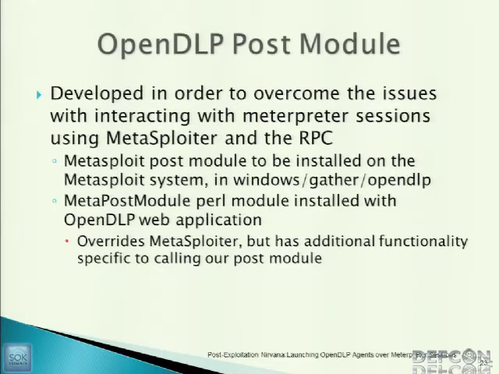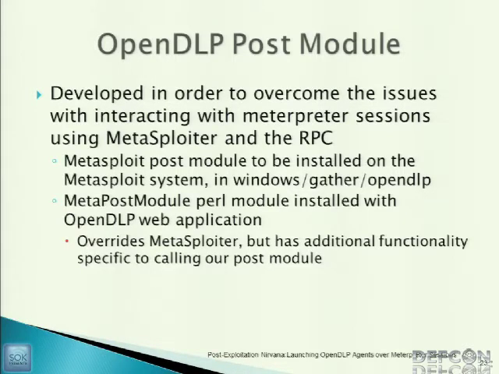I created this module, called it OpenDLP.rb, written in Ruby. And it's installed in the Windows Gather directory. I also created a Perl module, which interfaces with this Ruby module. The Perl module is obviously installed on OpenDLP. And the only purpose of it is to connect to the Metasploit Ruby module.